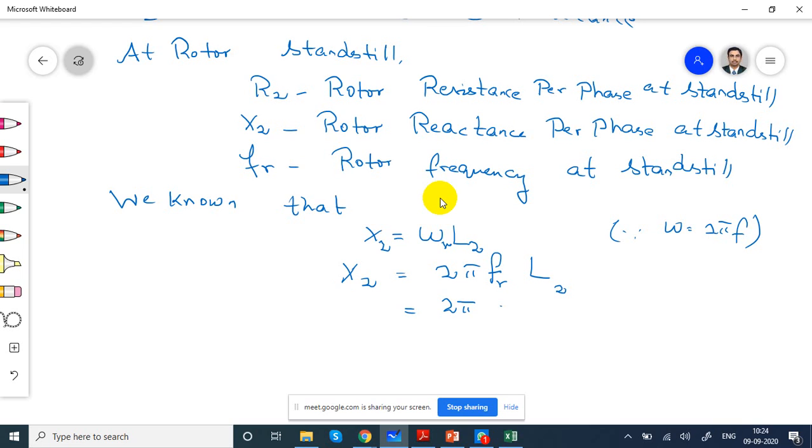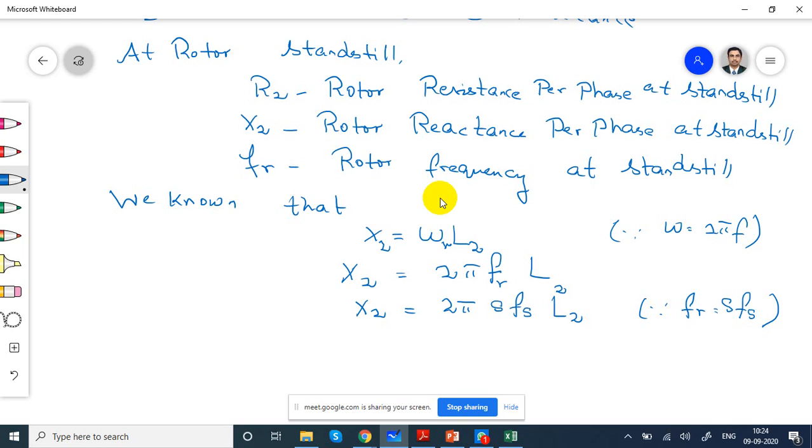Fr we already calculated, equal to S into Fs. So X2 equal to 2 pi S into Fs into L2.